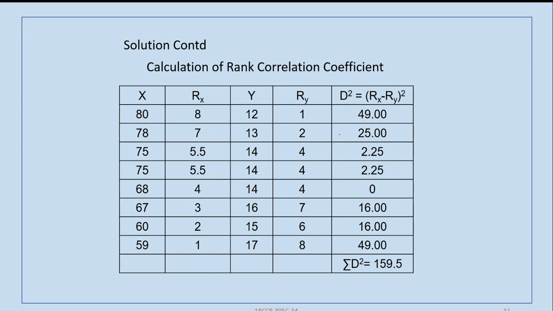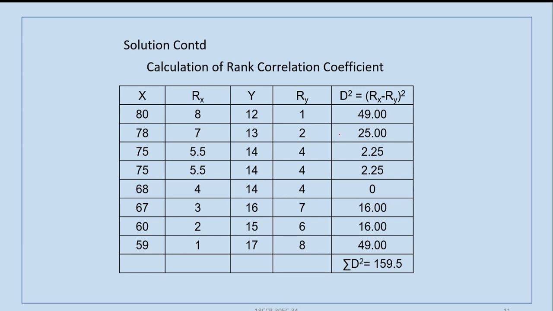Then we have to take the differences of ranks, and d square is calculated. R1 minus R2 whole square is d square. That is, sigma d square is 159.5. So these values we have to substitute in the formula. Here n is 8 and sigma d square is 159.5.